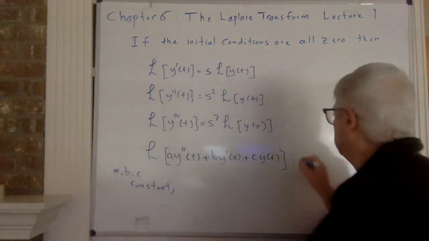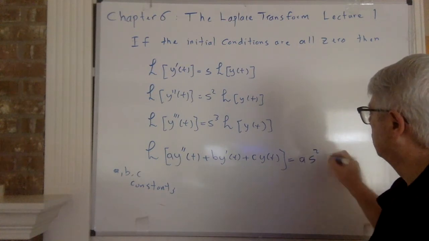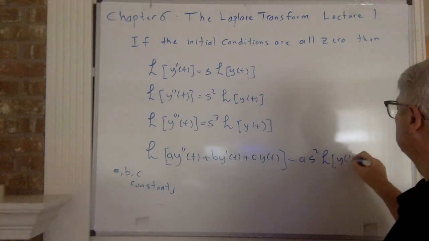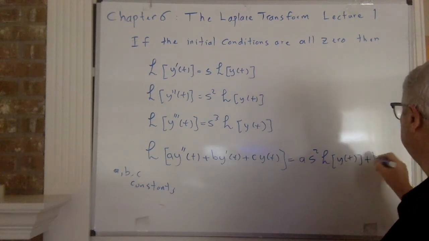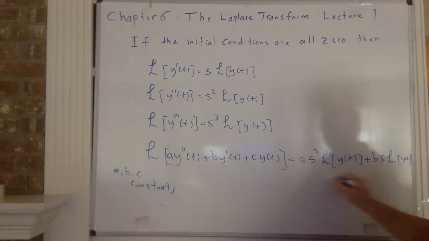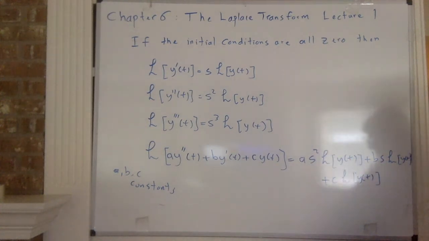So this will be a s squared L of y(t) plus b s L of y(t) plus c L of y(t).